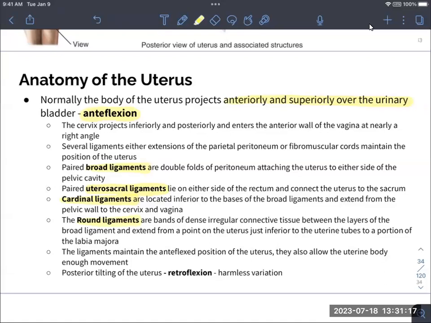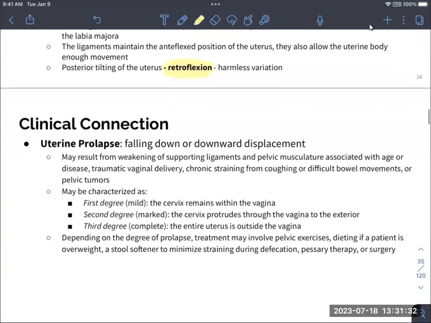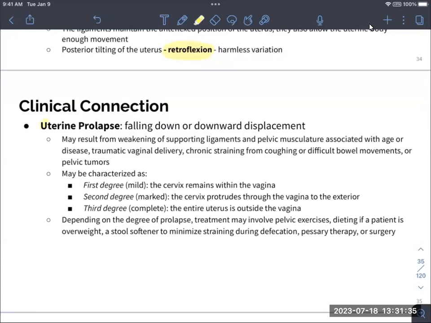If the uterus is sitting in a posterior tilting, it is known as retroflexion. There is no harm in the uterus sitting in this retroflexion position. It's just something that happens with some people. So a uterine prolapse. This is where the uterus falls down or goes backwards, because these supporting ligaments that are supposed to help hold it in place may get weak. The muscles in that pelvis start to atrophy.